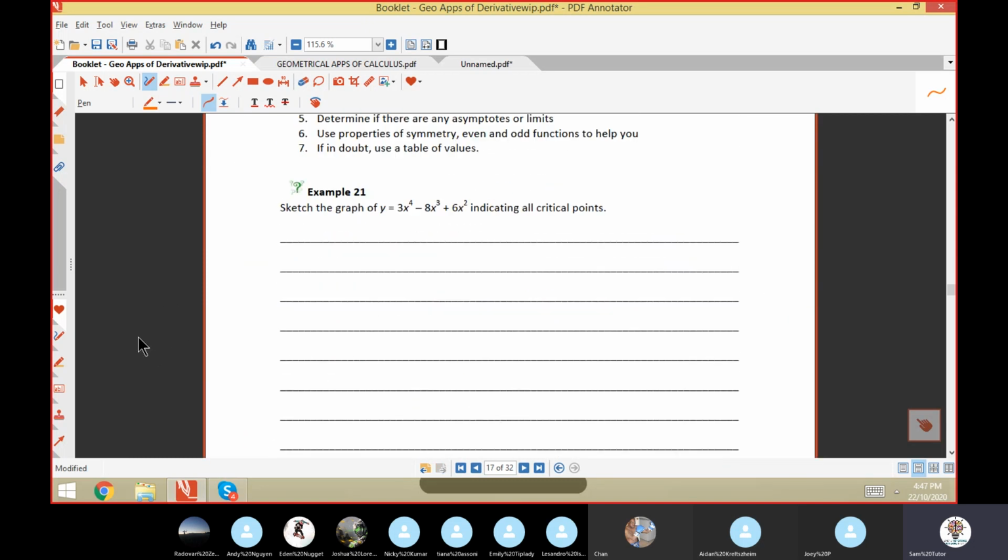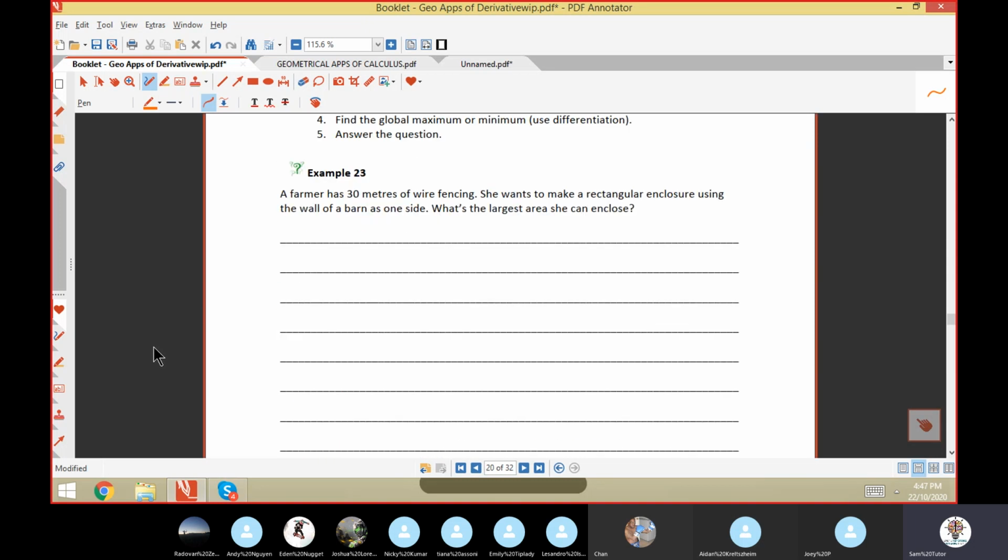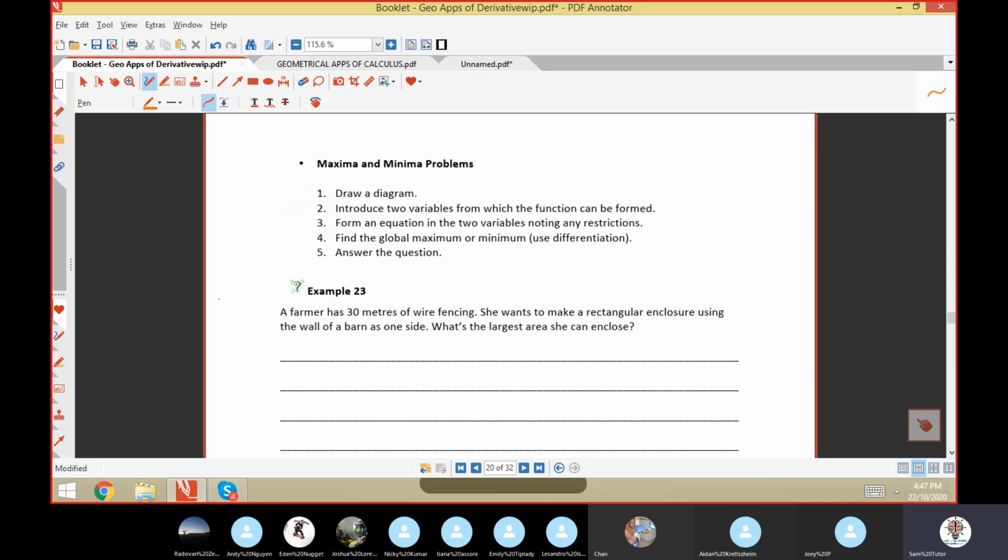All right, page 20. So, this is it. This is the last bit of this topic. There isn't anything else to learn. So what's everything that we need to know?